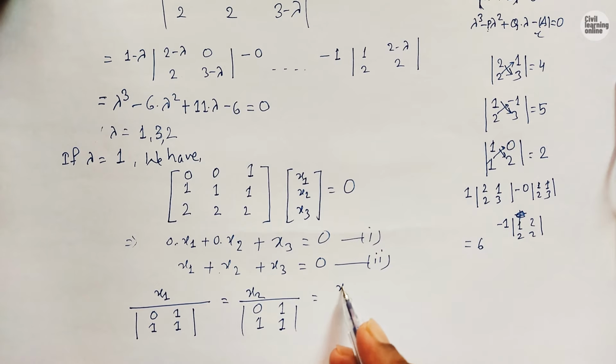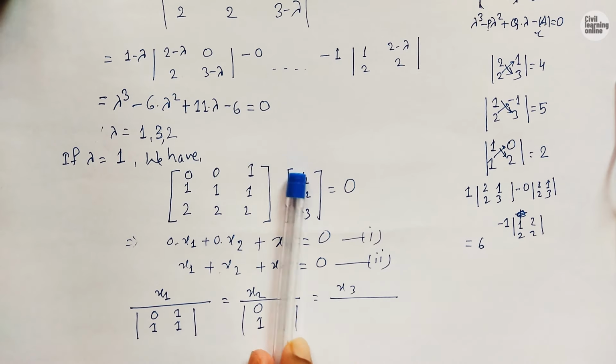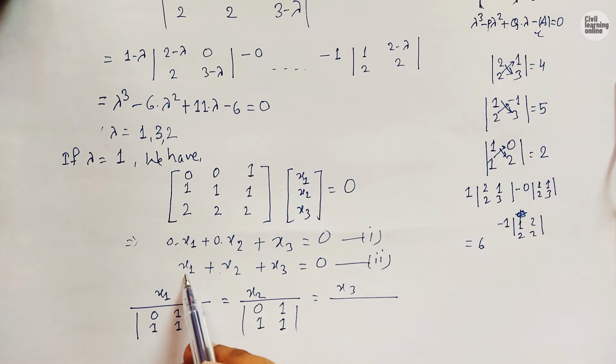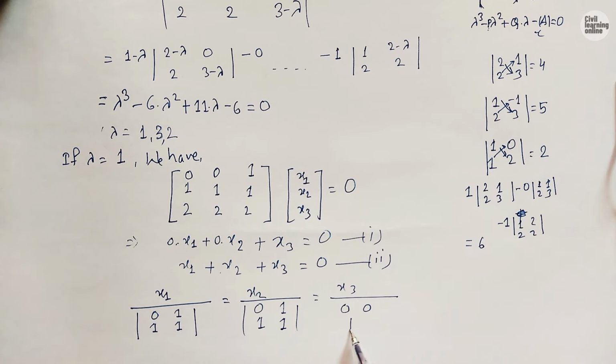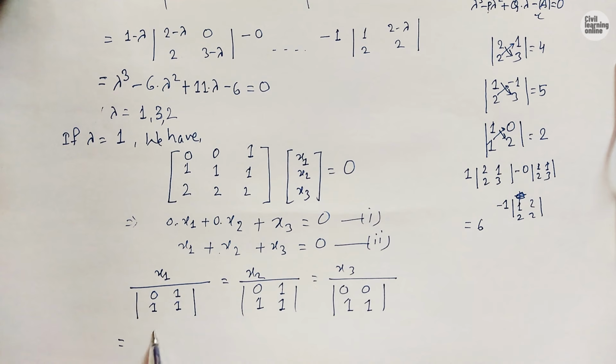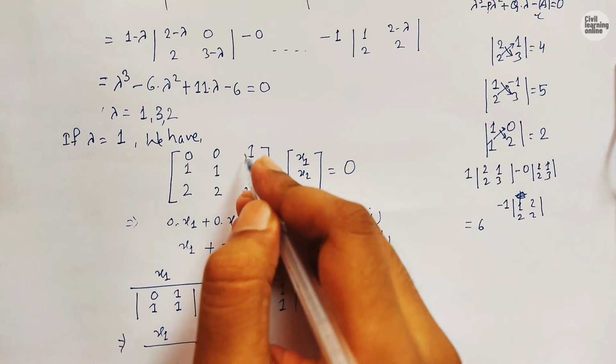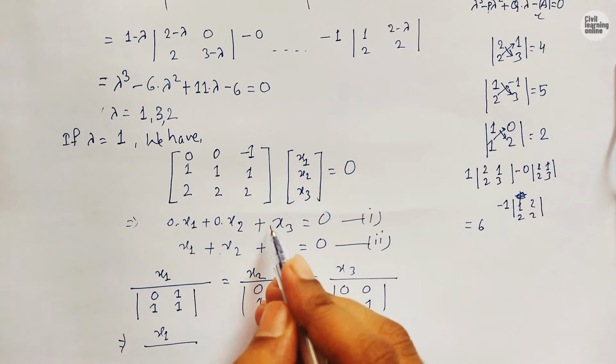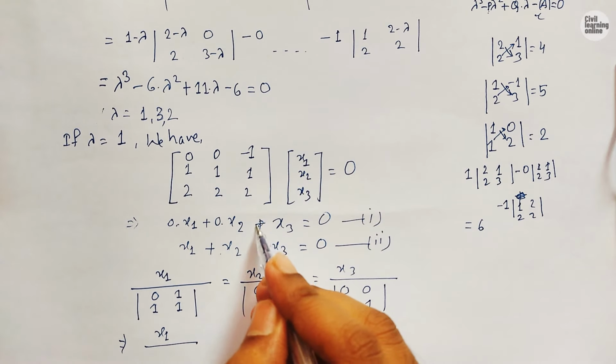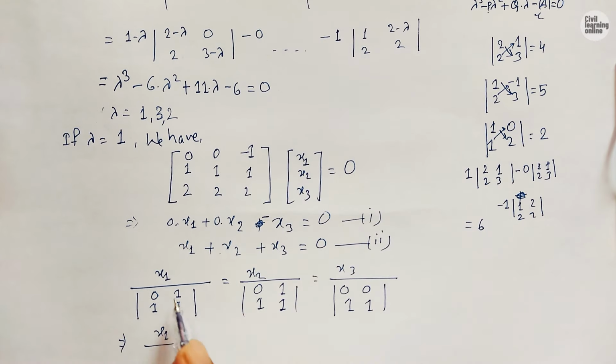For x3 we will have x3 upon, cover this, we will have 0 0 1 1. On solving further, we will get x1 upon minus 1, and here we will have minus x3, sorry for my mistake, and here it is minus 1.